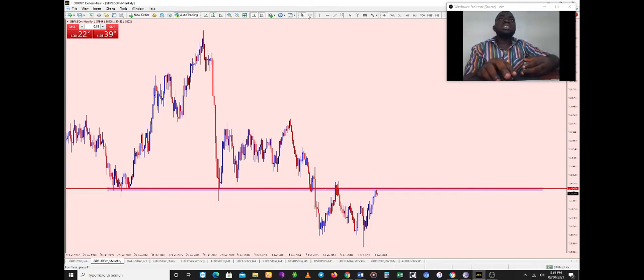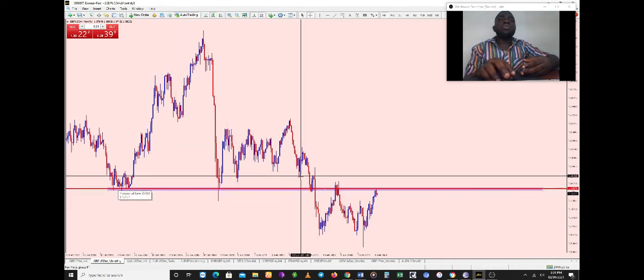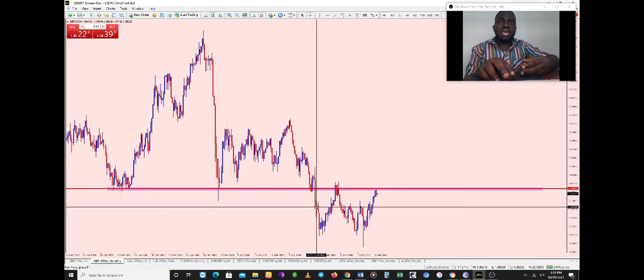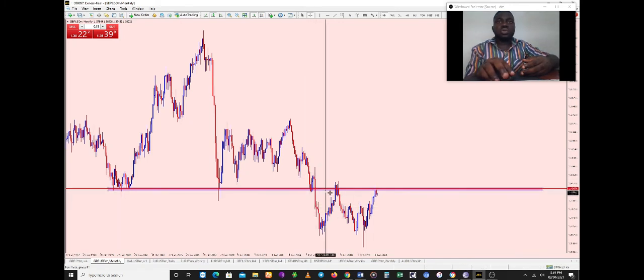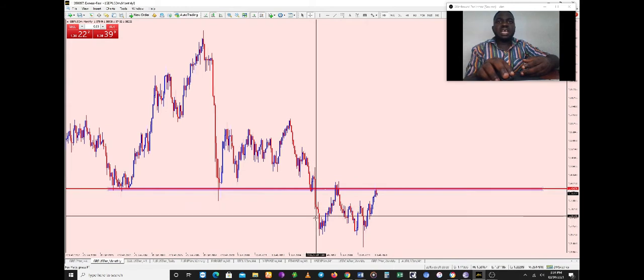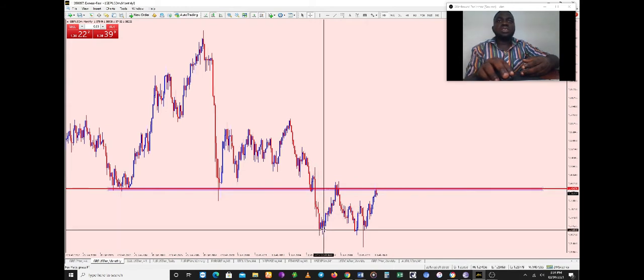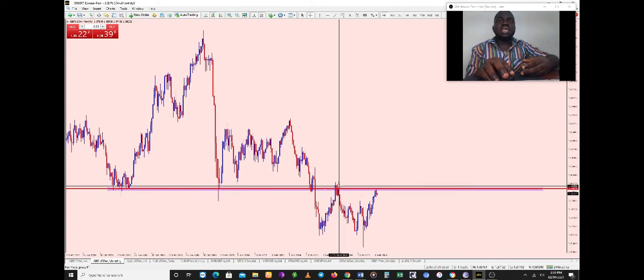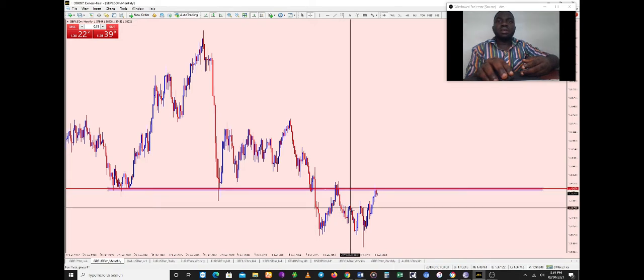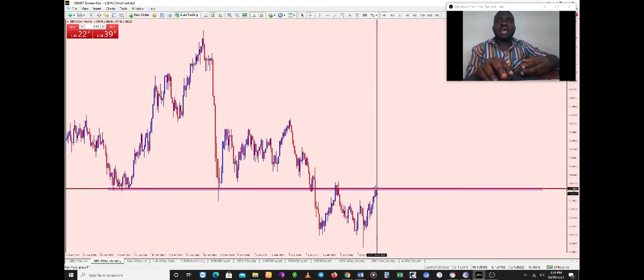So using this particular level, considering here as support, it breaks here. This is the breaking point of this price zone. Then it comes down to create another support, then turns around to become a resistance right here. Then it bounces off, then we are here again as resistance.